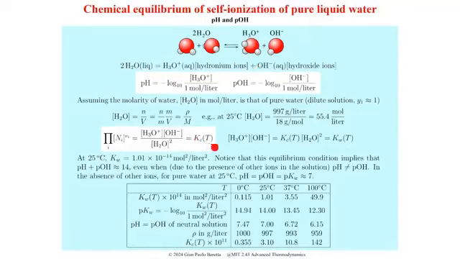So this is dimensionless. It coincides with the equilibrium constant Kt without the C. So this is dimensionless, but this is not. So the Kw has dimensions of mole squared per liter squared. At 25 degrees C, it is almost exactly equal to 10 to the minus 14 in those units.